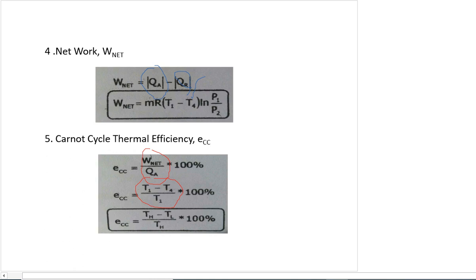The high temperature or the temperature 1 and temperature 2, equal lang yun sa heat addition natin, process 1 to 2. At saka yung sa baba, sa rejected na heat doon sa temperature 3 at saka temperature 4. Okay? So, pinalitan niya lang ng TH which means T high and T low or the lower temperature.